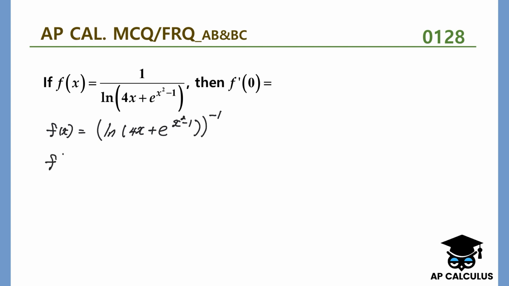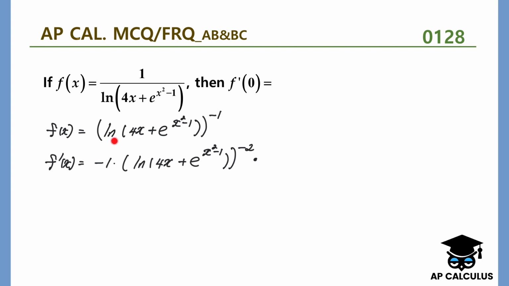So f prime x is equal to, here, power rule first, right? So negative 1 times (natural log of (4x plus e to the x squared minus 1)) to the power of negative 2 times, now we're going to have to write the derivative of this expression right here.